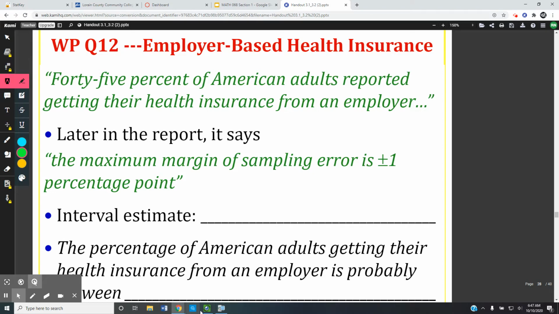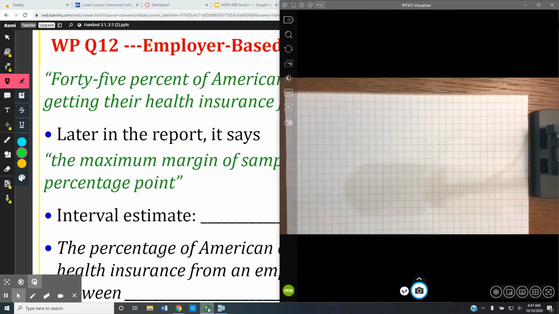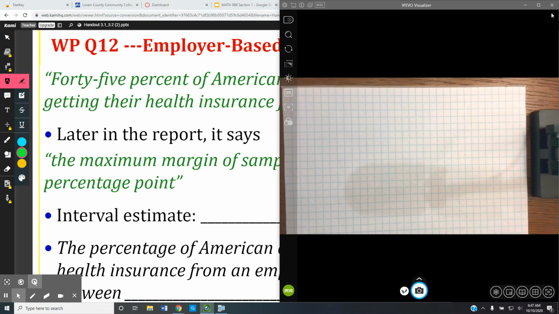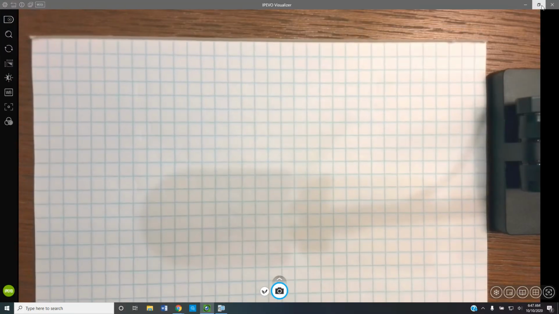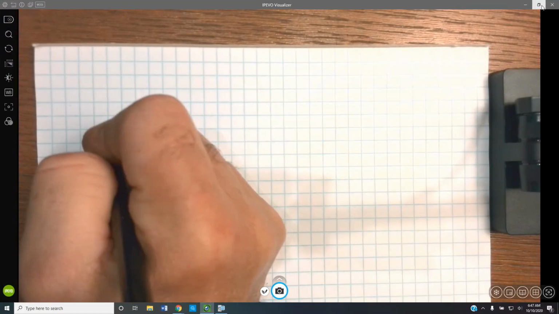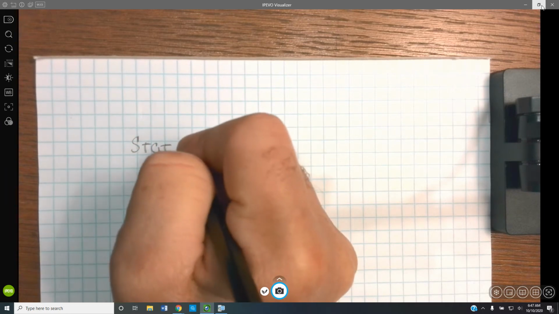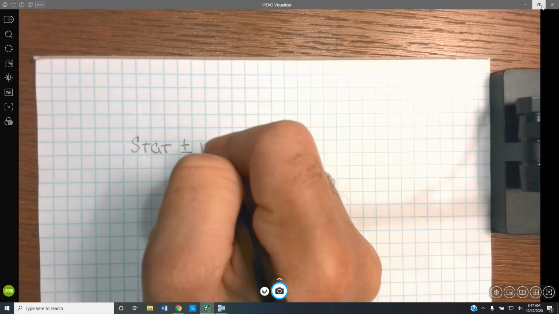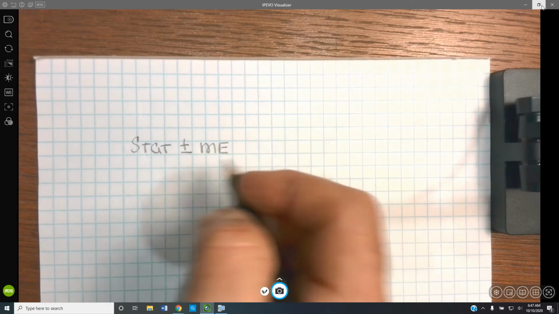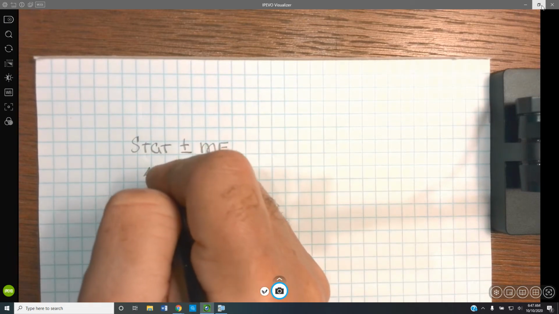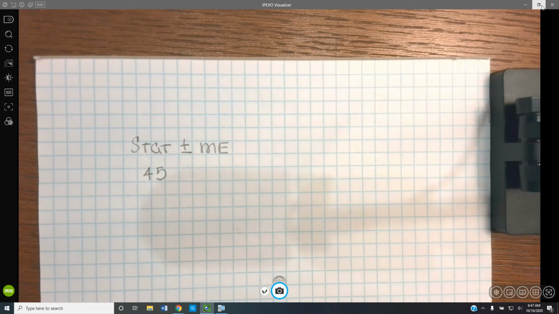Well, let's make this full screen right now. If we have a statistic, and we're going to add and subtract a margin of error, right now we're given a point statistic of 45%.